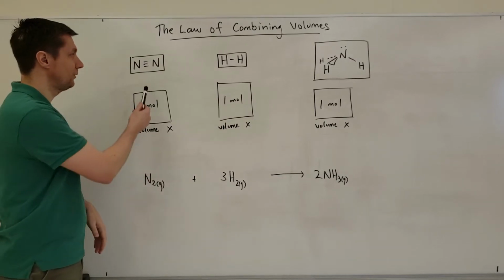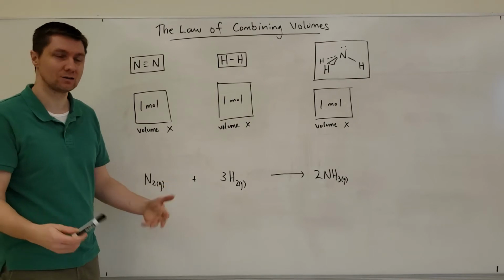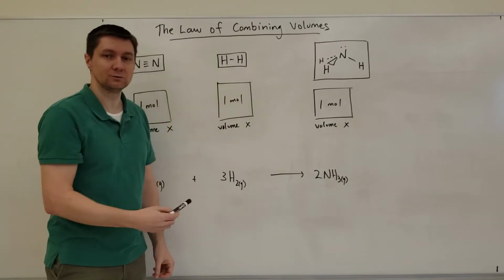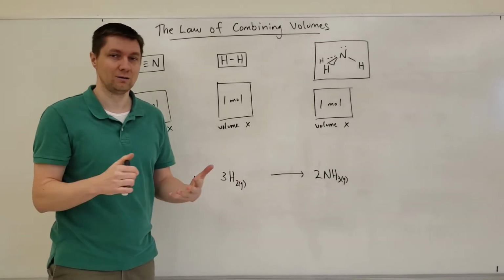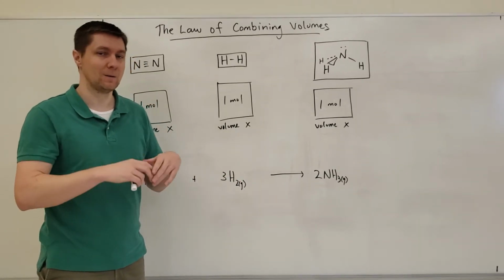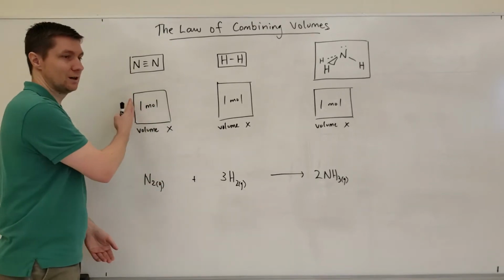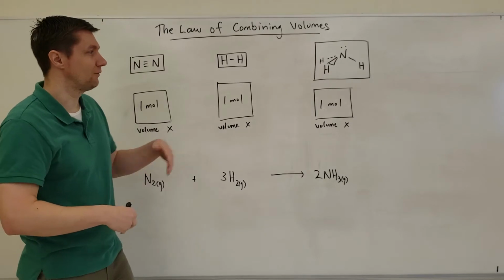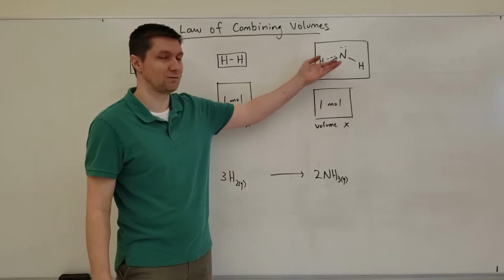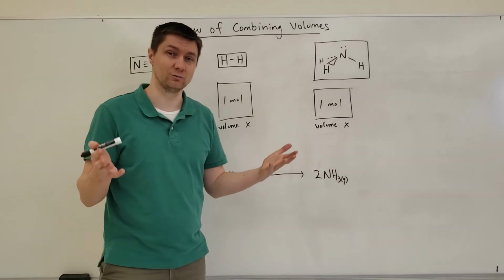So, for example, if I have 1 mole of nitrogen, it's going to occupy volume X. And if I have 1 mole of hydrogen, it's going to also occupy volume X. Not 2x, not 1/2 x, not a different amount of volume. It's going to be exactly the same as the nitrogen because I've got the same number of molecules present. And if I have the same number of molecules present for ammonia, then it's also going to occupy volume X.